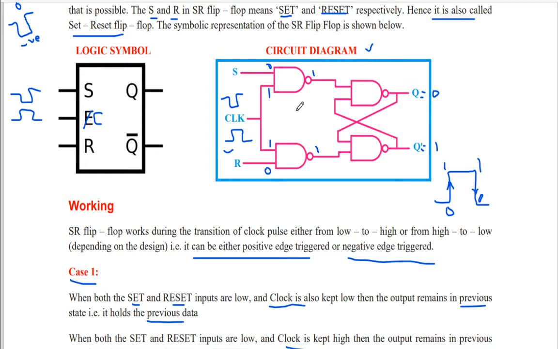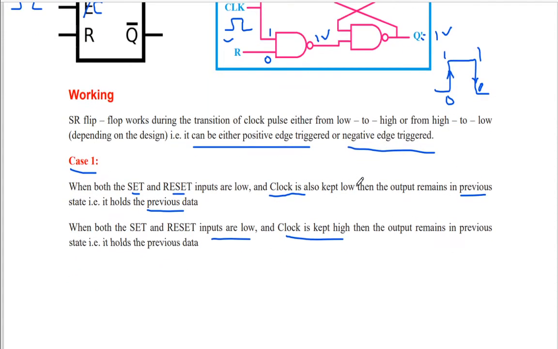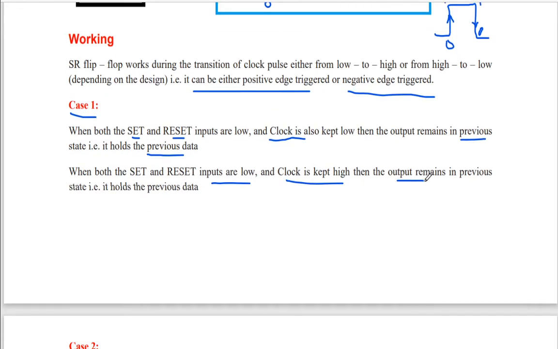So it does not make any difference to this NAND gate whether I make the clock pulse low or high. The output is still going to remain high, and we are going to have the same output appearing on the output lines, that is on Q and Q bar. So the output still remains in the previous state, what we had when we had kept the clock input low.